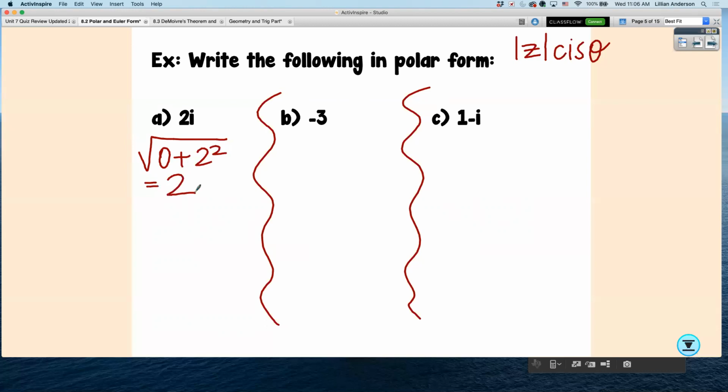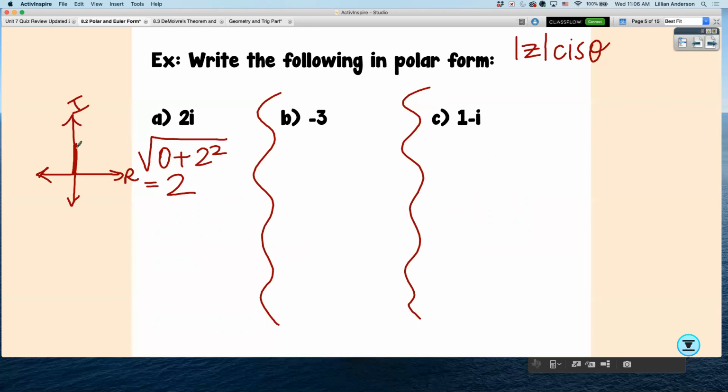Now I need to figure out what theta is. Theta is measured in radians. It has to be between negative pi and positive pi, with pi included. 2i, if you think about where it's located on the graph, is located on which part? On that y-axis, right?